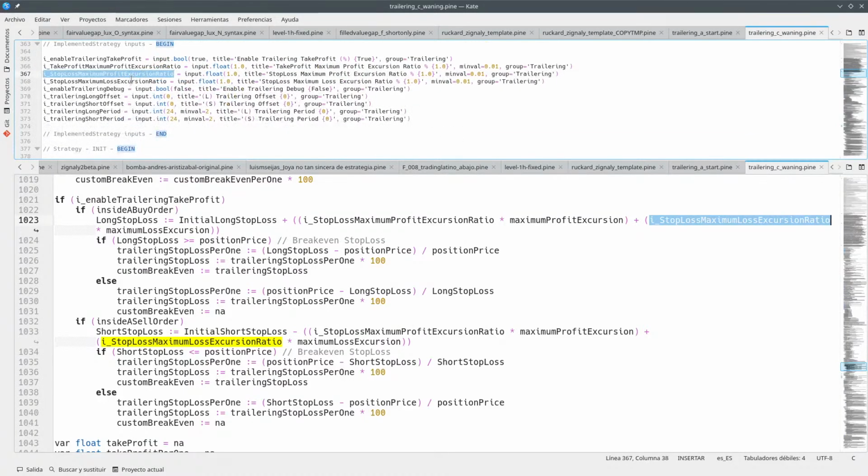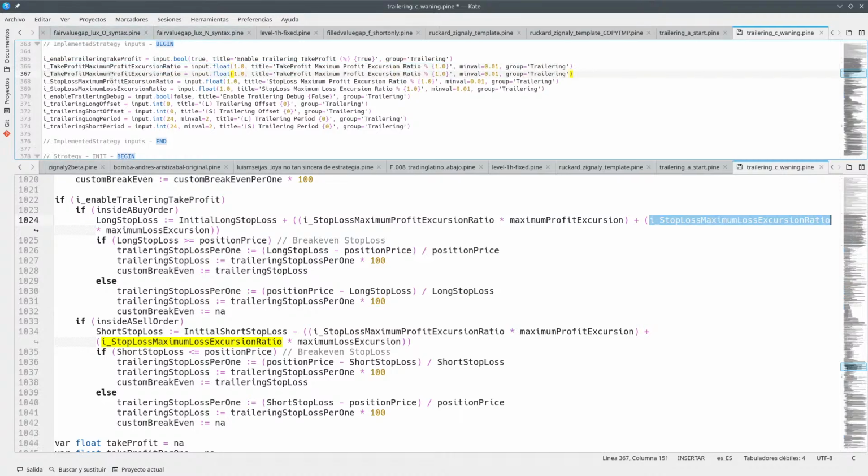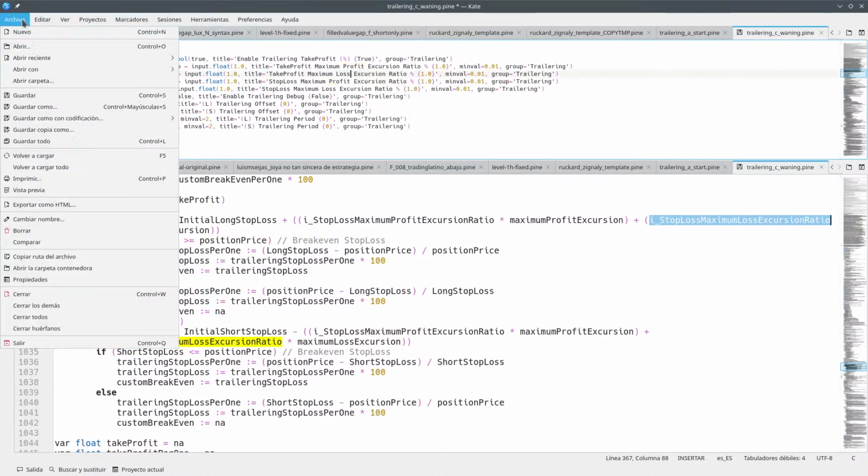Yeah, we probably want maximum profit excursion. We also want maximum loss, so we want a maximum loss excursion ratio, which is also 1 just by default.